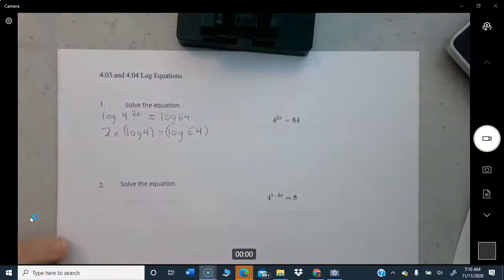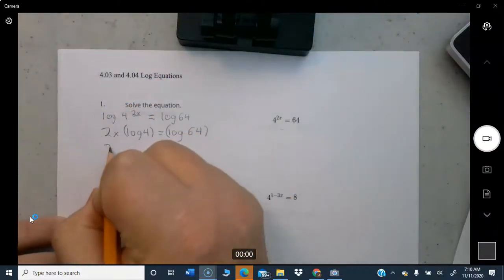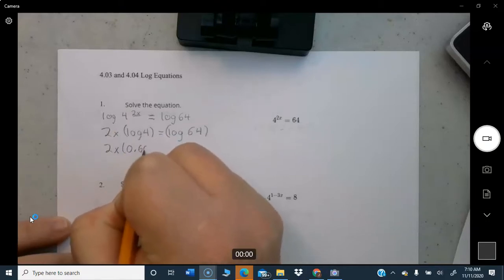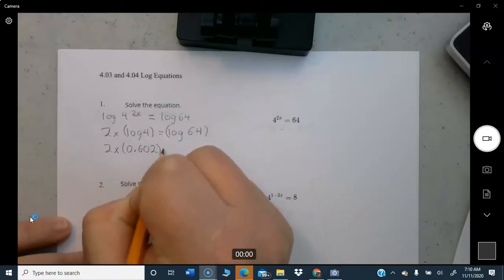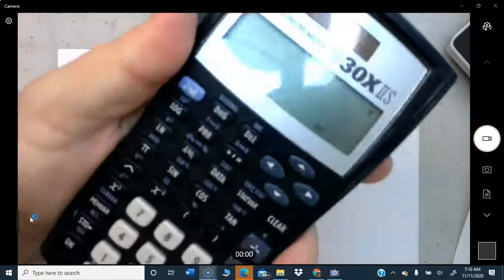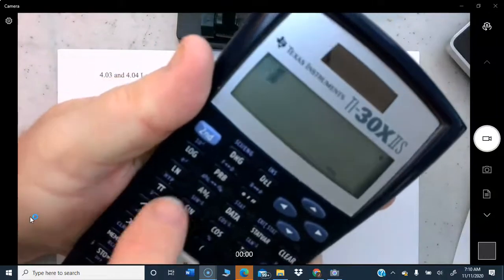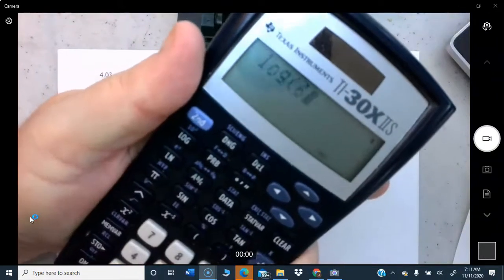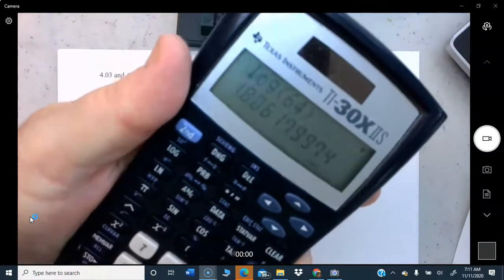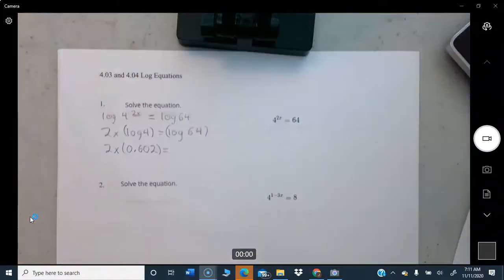Three places after the decimal is enough. So we rewrite the 2x. Do the same thing with log of 64, and you get 1.806. We'll round the 06 up to a 1, so 1.81.